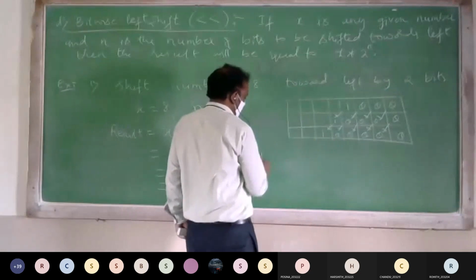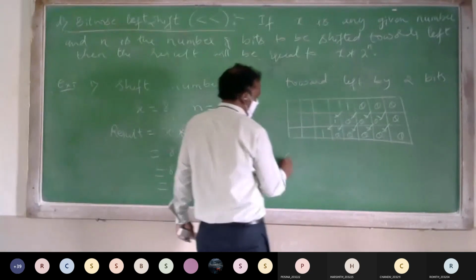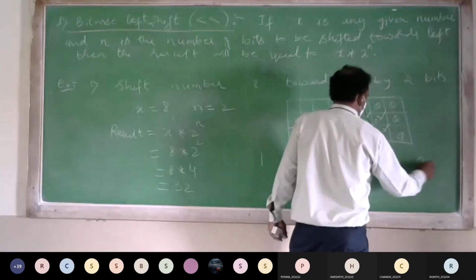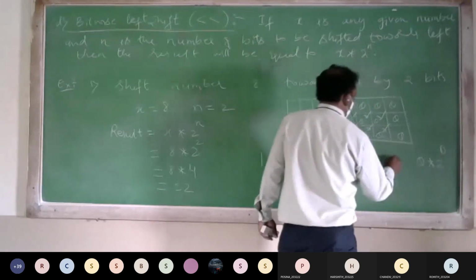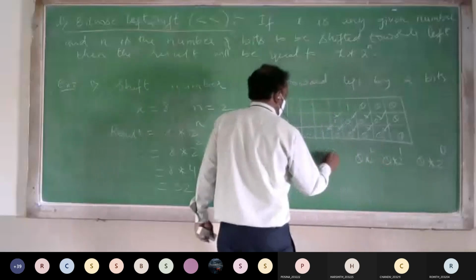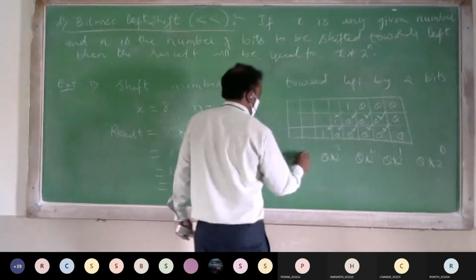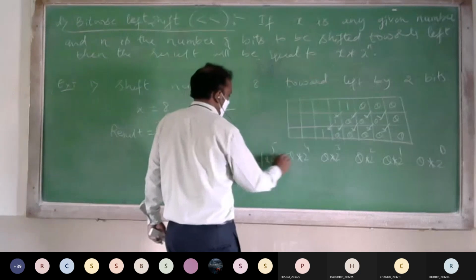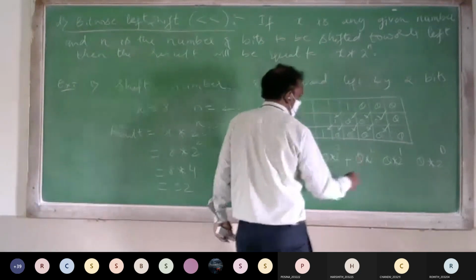Now, what is the decimal value? 1 0 0 0 0 0 into 2 power 0, into 2 power 1, into 2 power 2, into 2 power 3, into 2 power 4, into 2 power 5. Now add all these numbers.